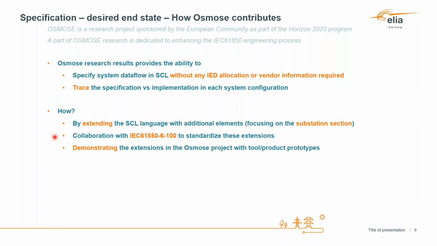We did that in close collaboration with the 61850 standard, more specifically the 61850-6 part, to guarantee that all of the things that we are identifying and developing within OSMOSE get introduced into the standard. So the standard will implement the recommendations and the developments that we provide within OSMOSE. We also demonstrated our developments. We demonstrated the extensions within the OSMOSE project with tool and product prototypes from different vendors.